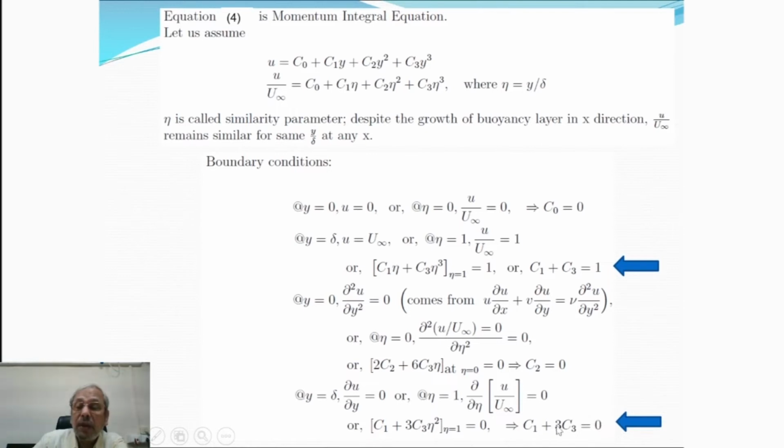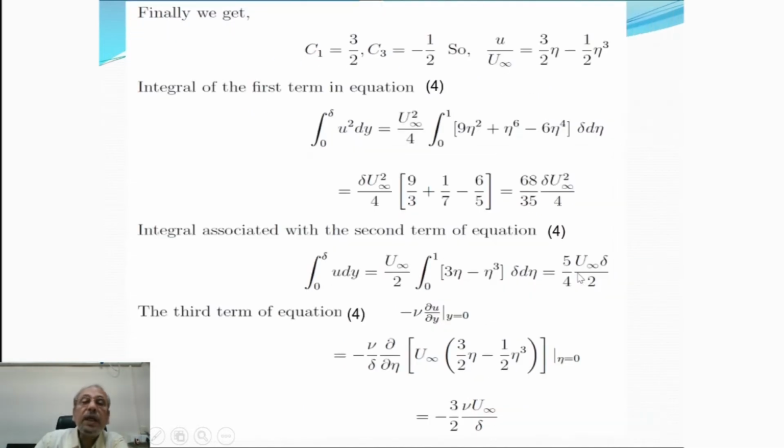So we get C1 plus thrice C3 equal to 0 and C1 plus C3 equal to 1. We solve these two for C1 and C3, and we get C1 equal to 3 by 2, C3 equal to minus half.